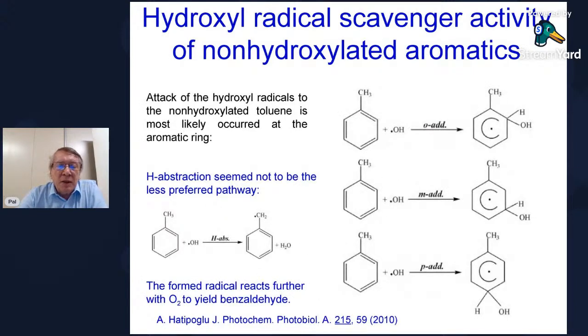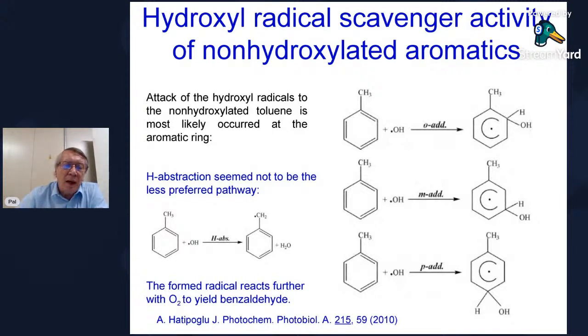Since under biological conditions the most reactive radical formed is the hydroxyl radical, we were mainly interested in the reactivity of aromatics and chalcone derivatives with hydroxyl radicals.